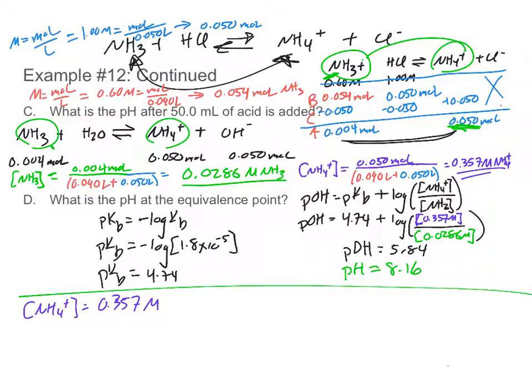And so we also know that if we take NH4 plus and hydrolyze that, we get NH3 and H3O plus.